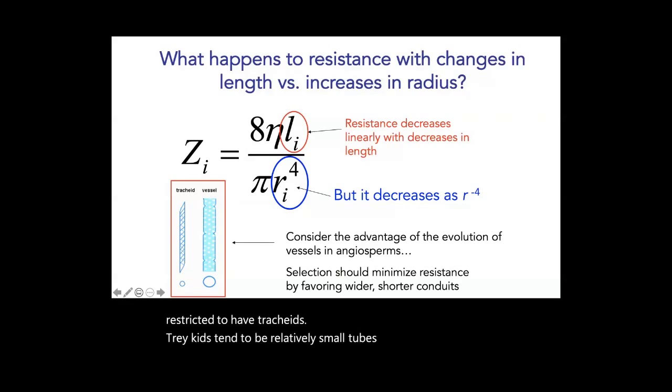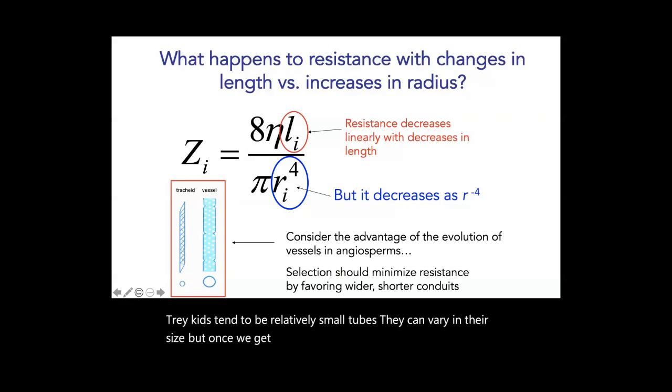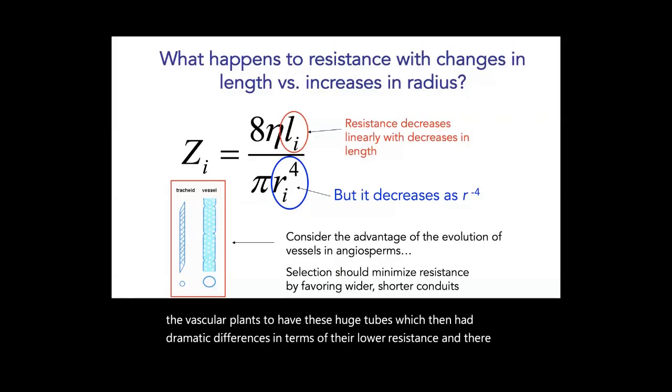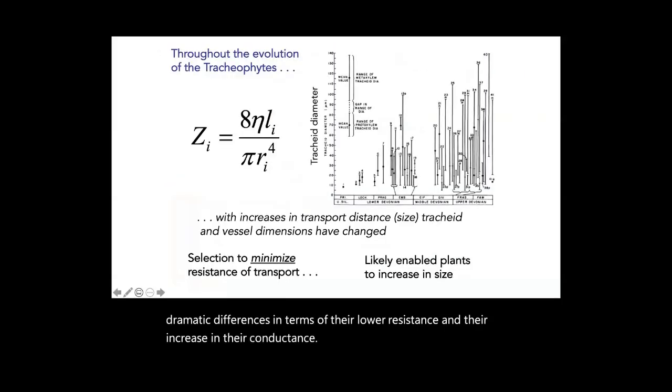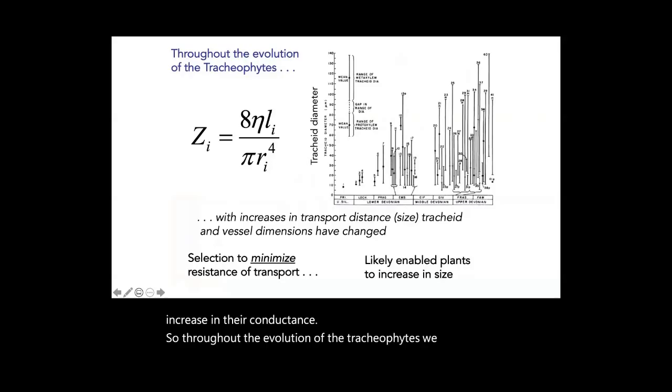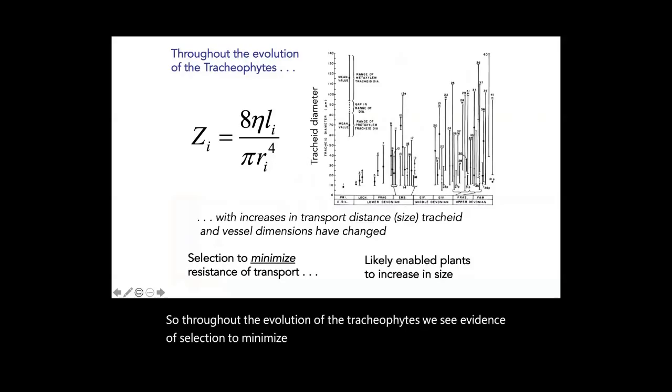They can vary in their size, but once we get to the evolution of the vessel, that enabled the vascular plants to have these huge tubes, which had dramatic differences in terms of their lower resistance and their increase in their conductance. Okay. So throughout the evolution of the tracheophytes, we see evidence of selection to minimize hydraulic resistance to transport. And that likely enabled plants to increasingly obtain larger and larger heights or larger and larger sizes.